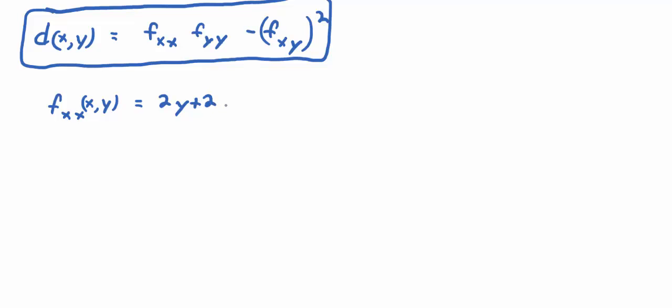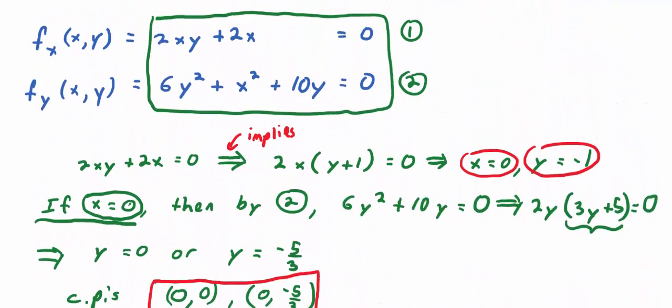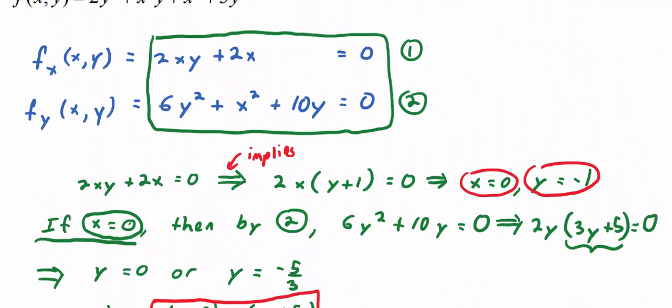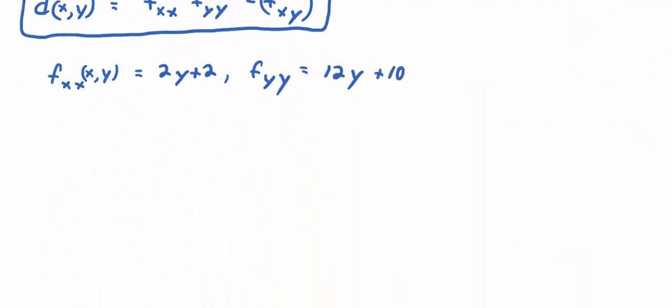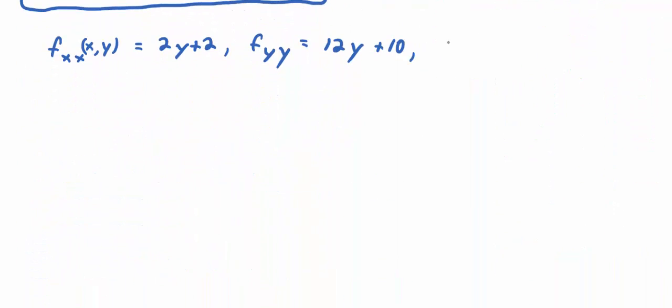If you go back up and take a look at the derivative with respect to y, you'll get f sub yy equals 12y plus 10. I'll show you. Take the derivative of this term with respect to y, you get 12y. This term 0. This term just 10. Then f sub xy we can get next.